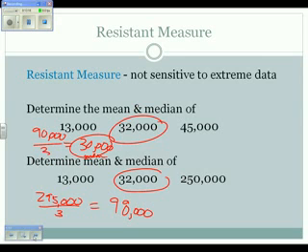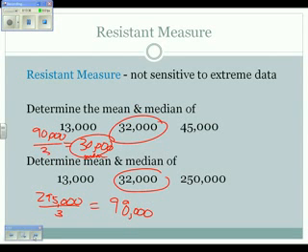So it's not always going to be the case that the median will stay the same, but oftentimes the median will stay the same if you've only changed 1 or 2 data values. So you can have extreme data and the median's not going to be affected, or not going to be nearly as affected as the mean.